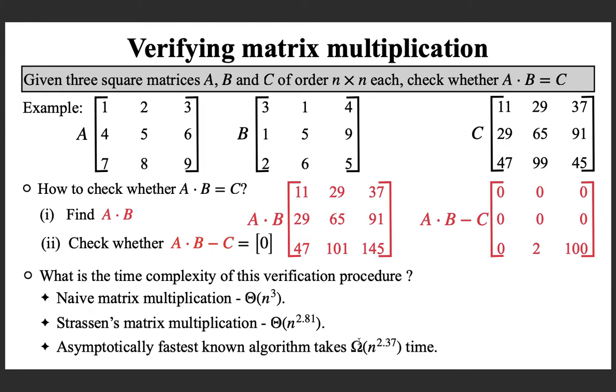That is the best known matrix multiplication algorithm. So, if you follow this deterministic approach for verifying matrix multiplication, then this is the best known complexity, in general order of n cube.